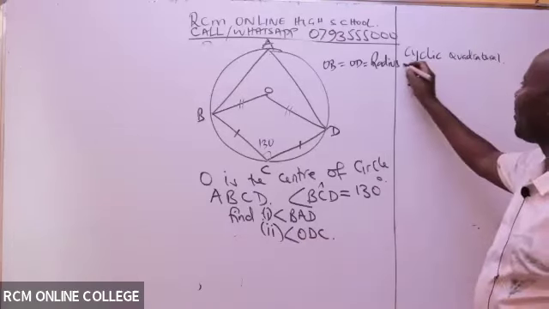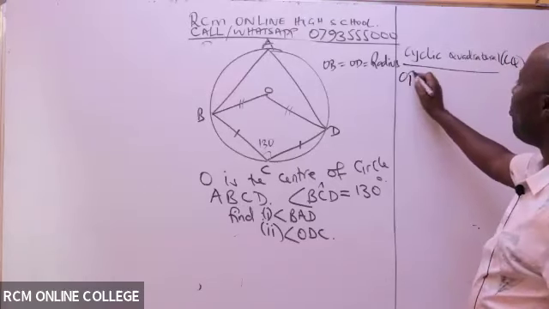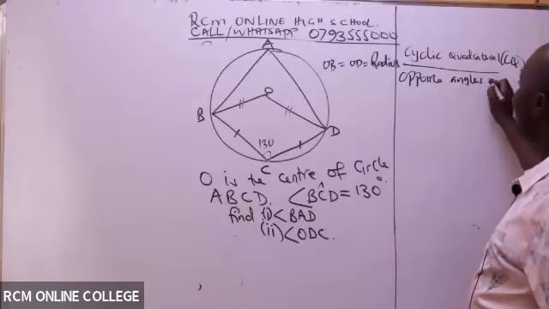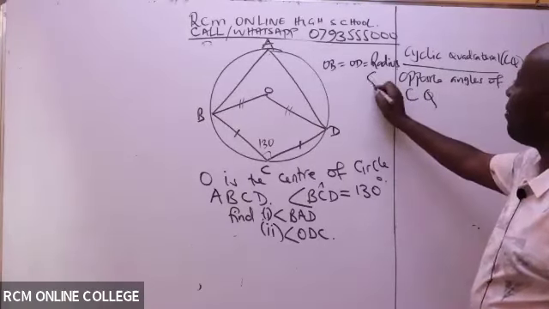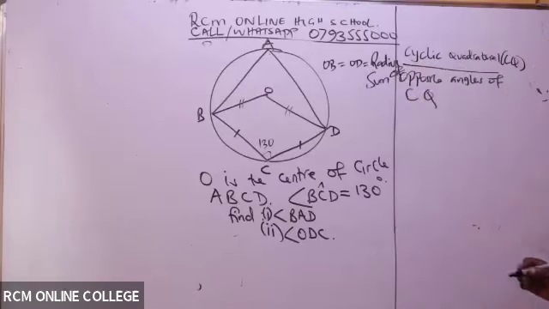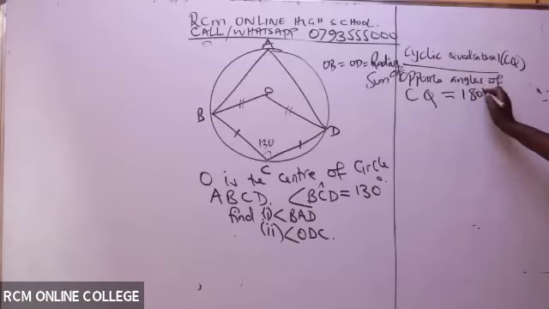I write here, allow me to call this CQ: the sum of opposite angles of a cyclic quadrilateral must always be equal to 180 degrees.